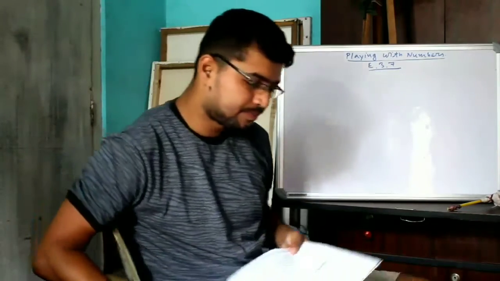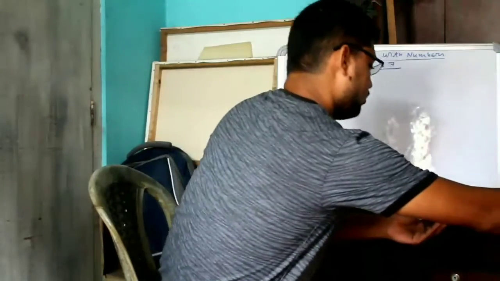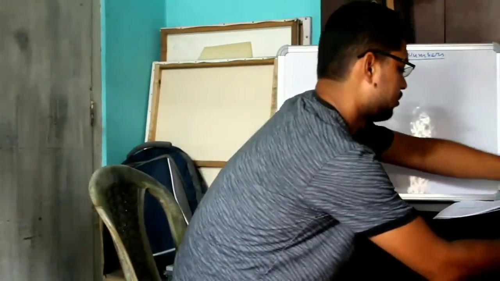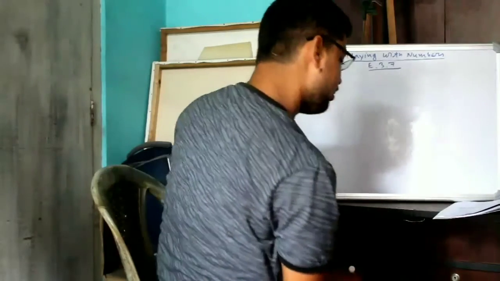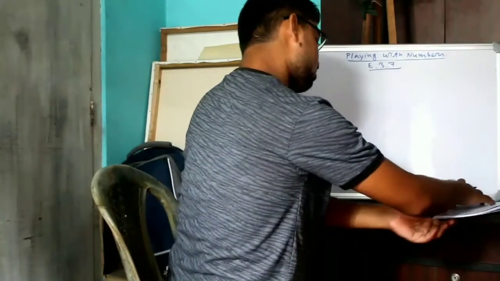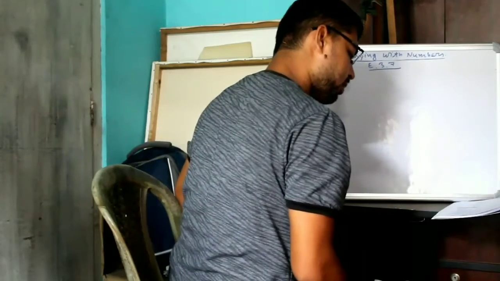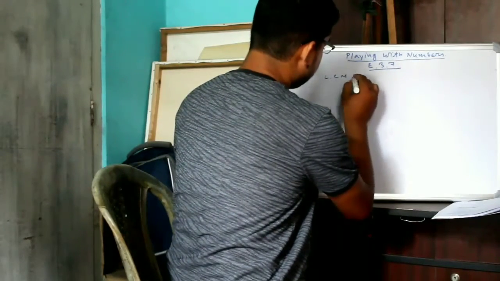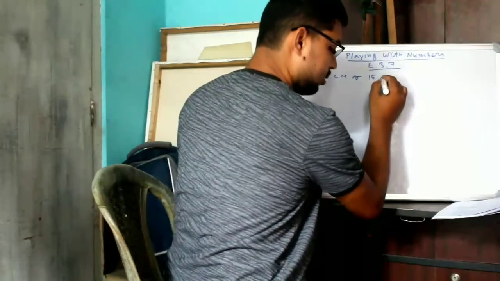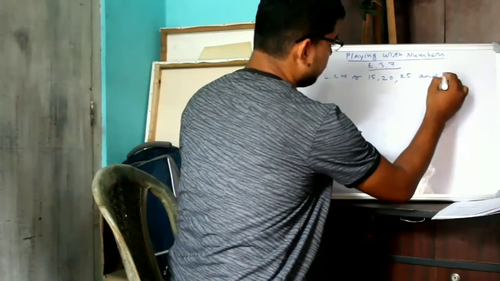in each case. Find the natural number which is divided by 15. LCM of 15, 20, 25 and 45.